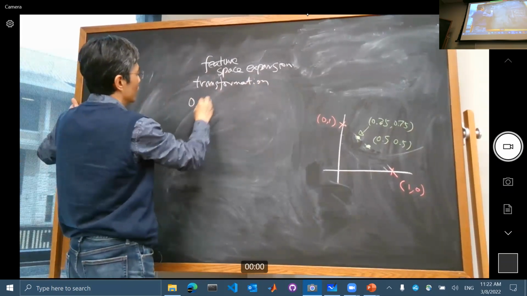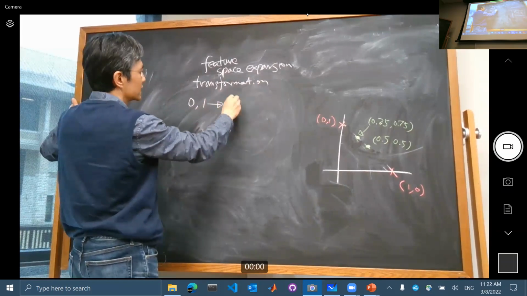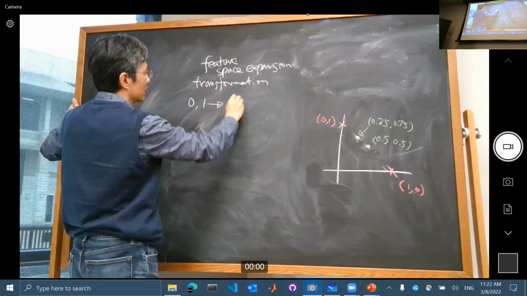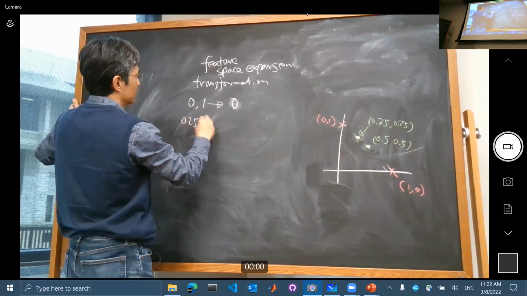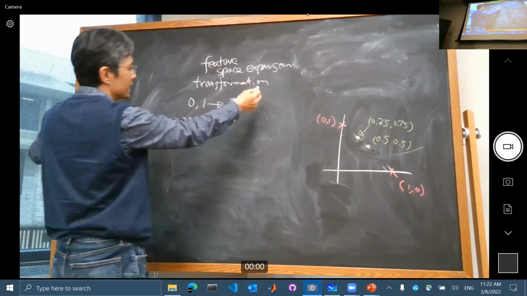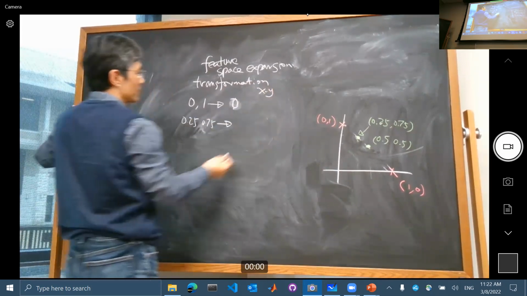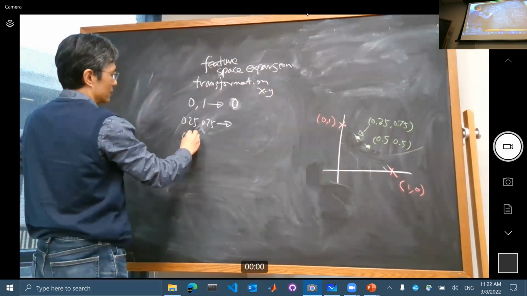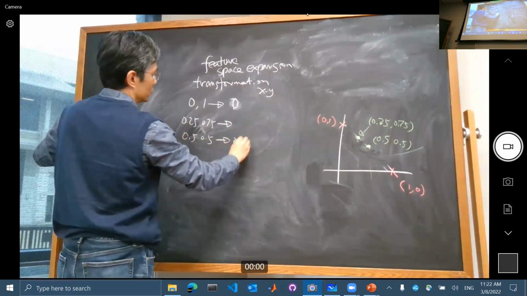So 0, 1, I will transform and make the product become 0. And 2, 5. The transformation applied here is x times y. This will become 2, 5.